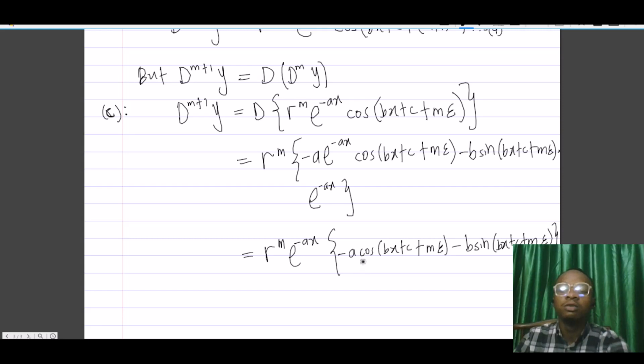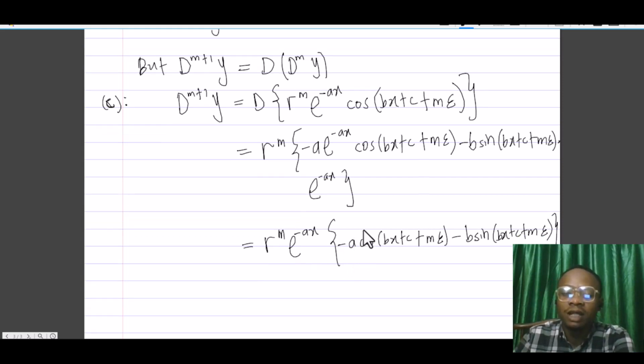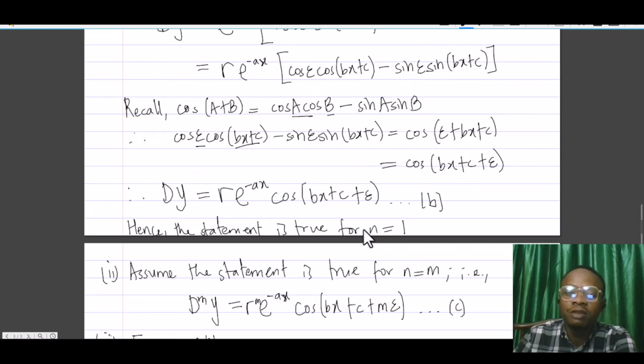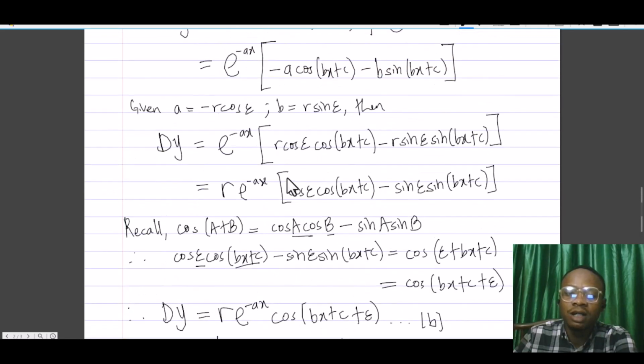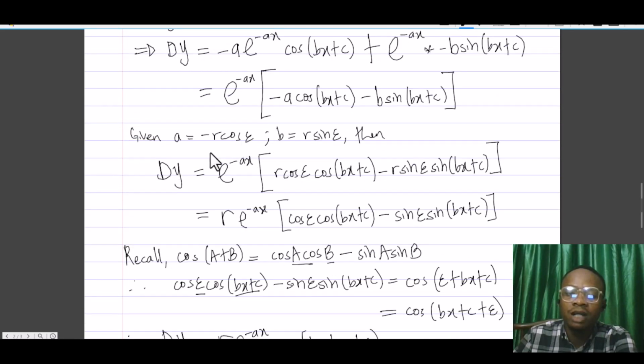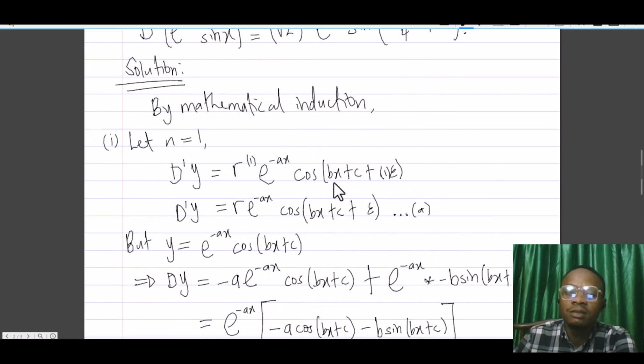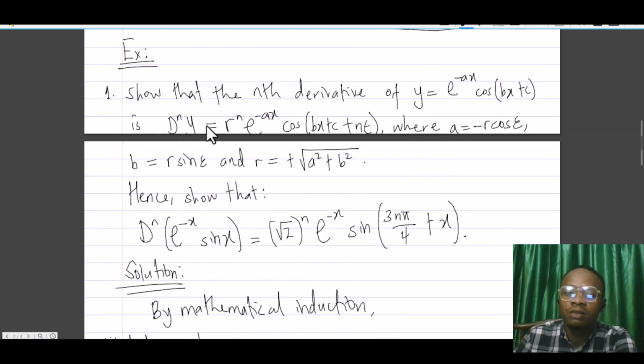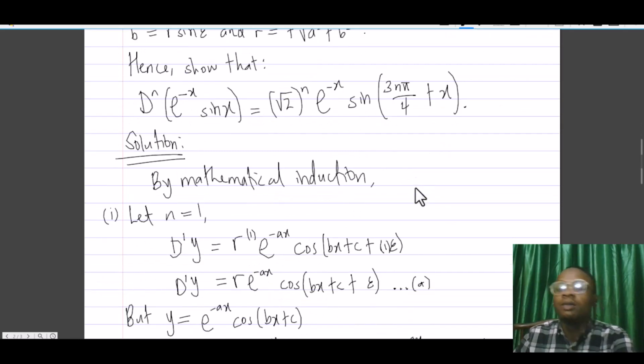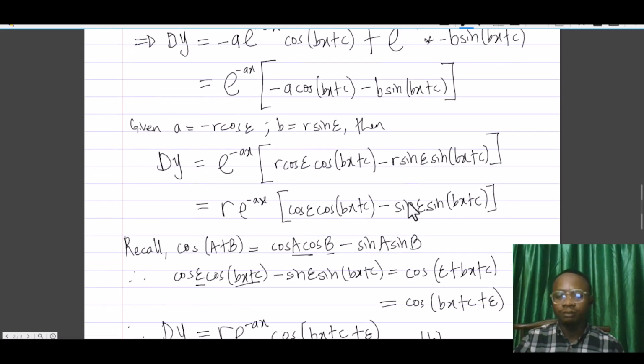Again, to move forward from here, we identify a and b as provided for in the problem, just as we did here. We know that a is minus r cos epsilon and b is r sine epsilon. That is provided for in the question. Okay, we have that right here. So we're going to do the same thing here.